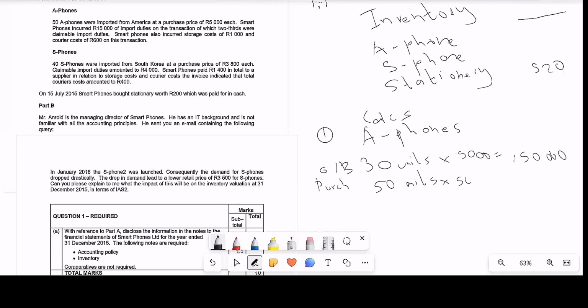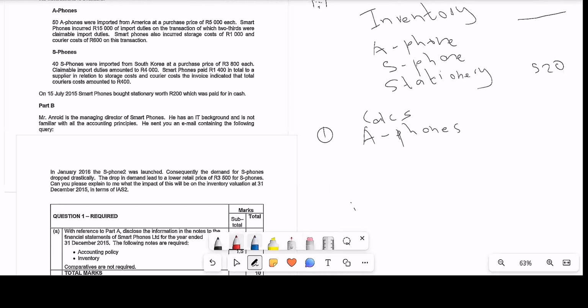So it's 5,000. And these units, they also incurred 15,000 import duties. Let me rather do it like this so that I don't confuse you guys, and do it like this so that it can be nice and clear what I'm doing.